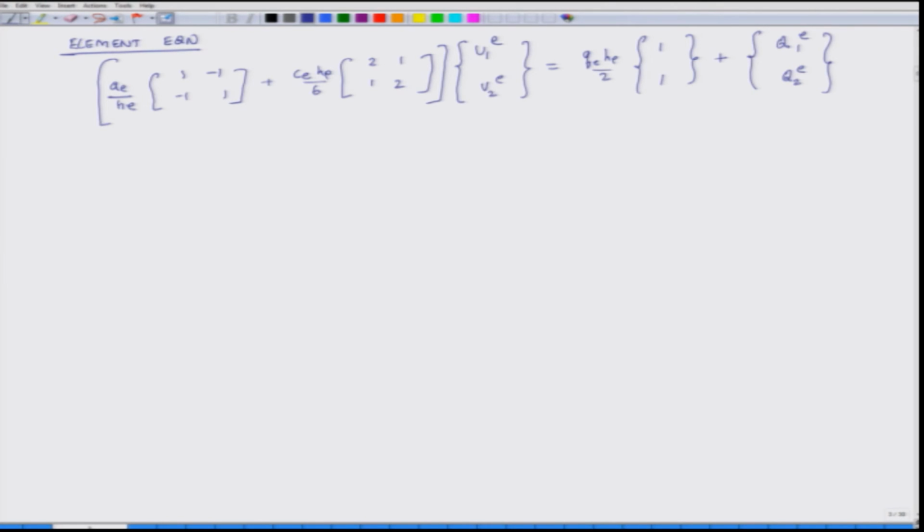Okay. Now, this equation is for two noded linear element.